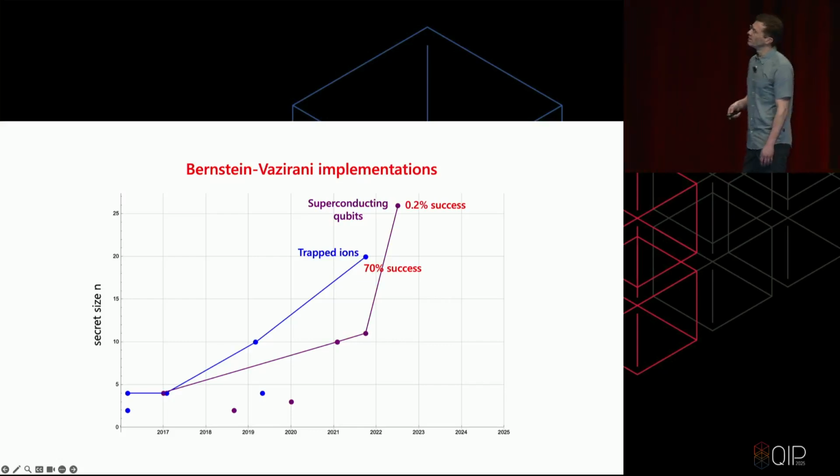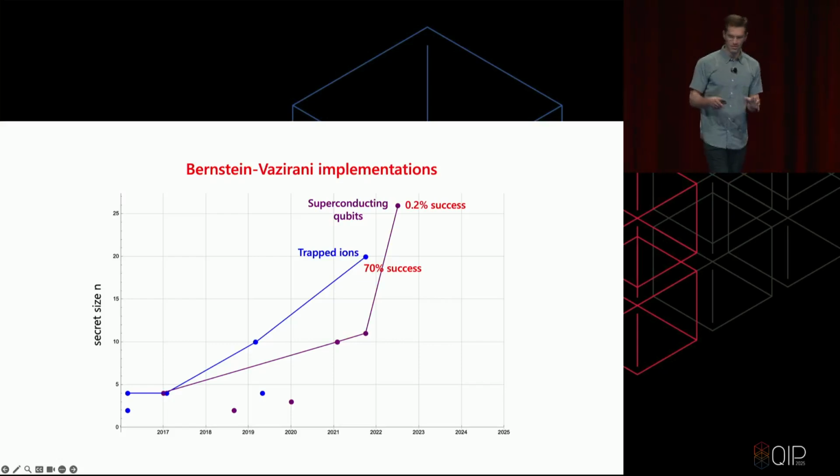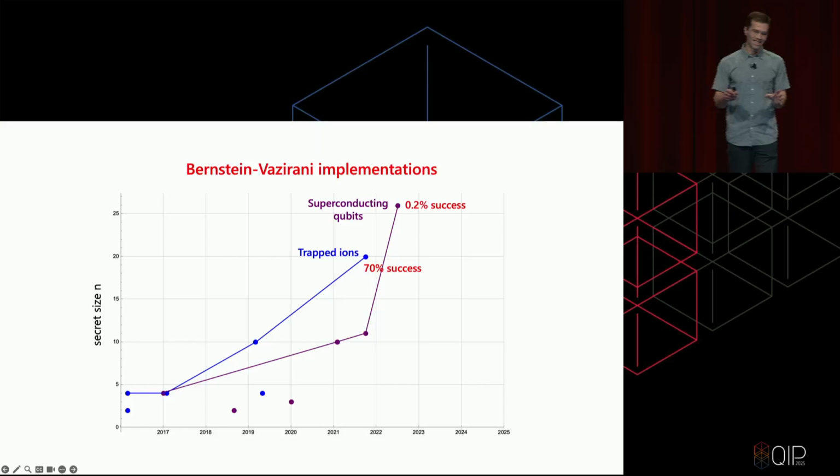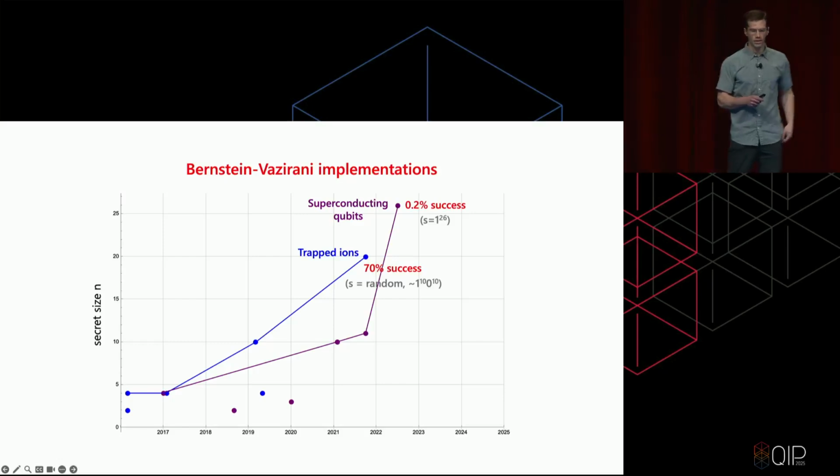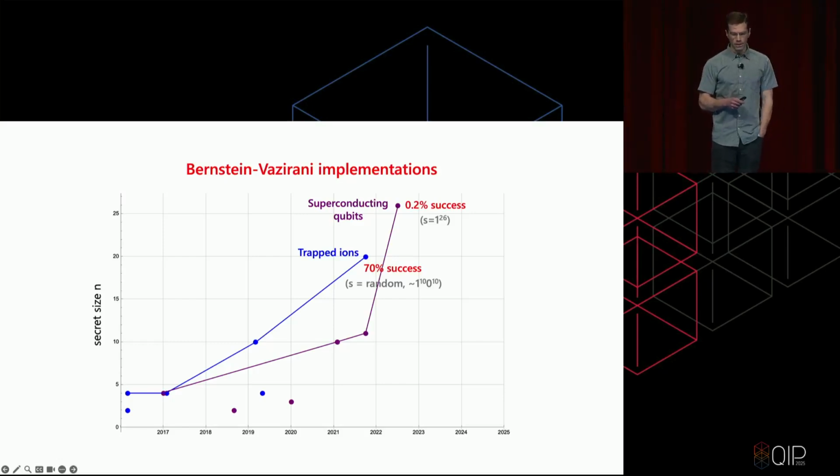What's been done before with Bernstein-Vazirani? This is sort of a Mario Kren style plot. You can see trapped ion and superconducting qubit implementations, with different sizes of the secret, different values of n, plotted over time. For example, in 2021, it looks like they implemented Bernstein-Vazirani with 20 qubits.